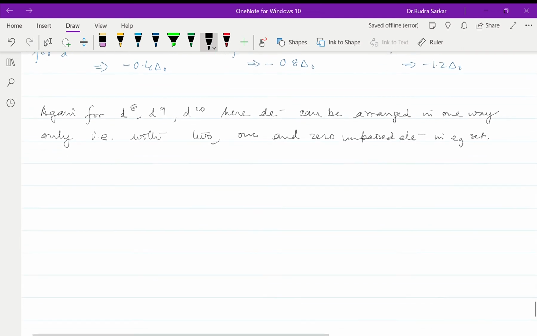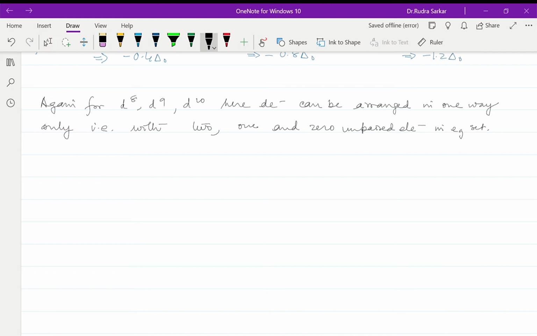So now if you want to show these arrangements, what will you do? Similarly, like that you have your D8, that is your D9, and that is your D10. And you fill up the electrons.